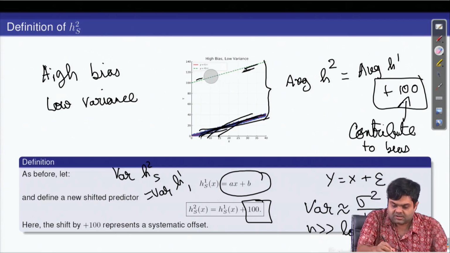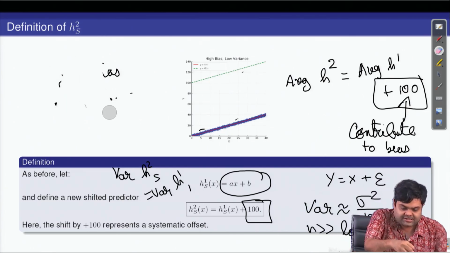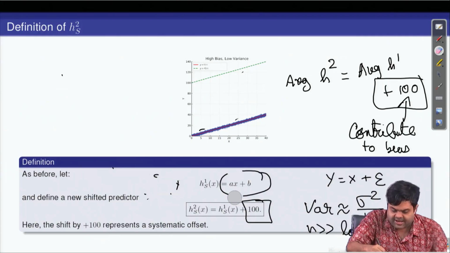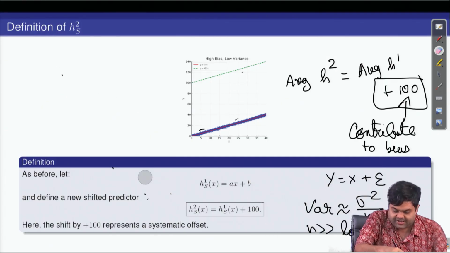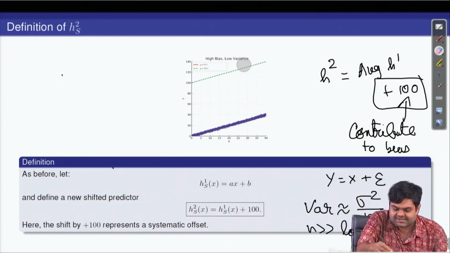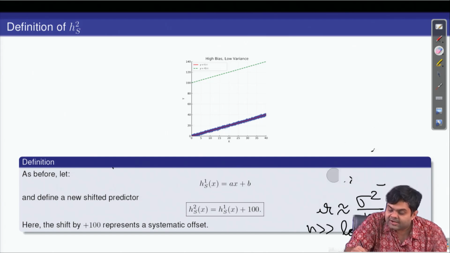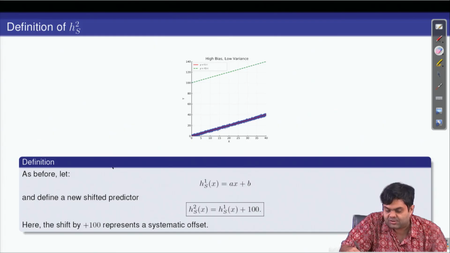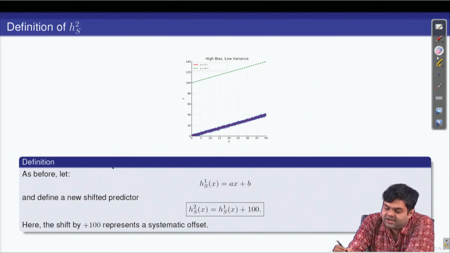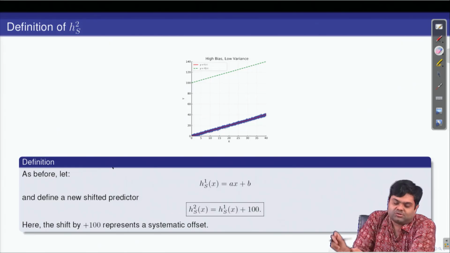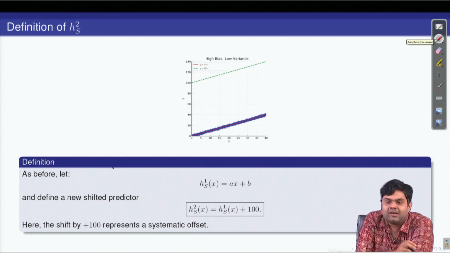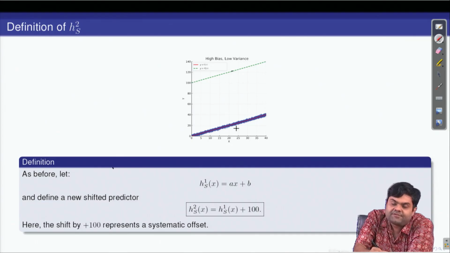We have done the calculations in detail using all the conditional expectations, etc. Again, H1 is the least square fit and H2 is just H1 plus one constant term, 100. In this picture, this red line is your H1, the previous prediction, and the green line is H2. The picture itself shows that if this is your actual population and this is the model, there is clearly a difference between the center of the predicted model versus the center of the actual population.